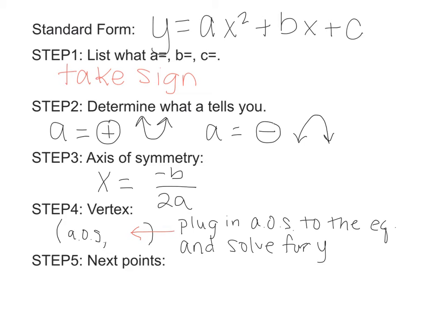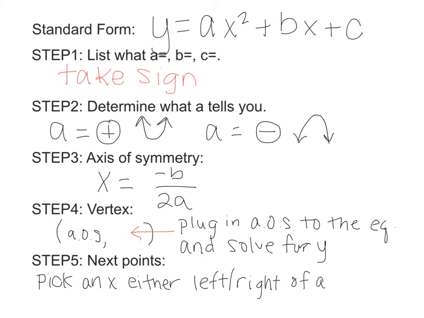So, to find your next points, because we know the graph is symmetrical, we are going to pick an x value that is either to the left or to the right of the axis of symmetry and plug it in. All right, so let's go to the next page and let's try a problem.